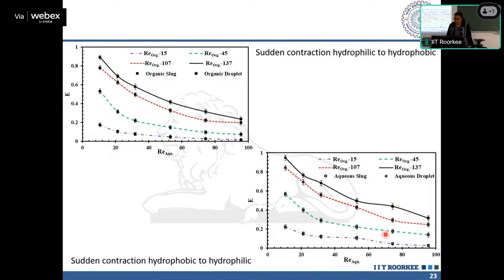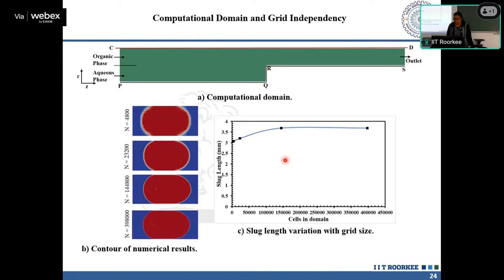So why is the efficiency higher from sudden hydrophobic to sudden hydrophilic? We get higher efficiency here also, but this is very high. What could be the reason? Again, we tried numerical simulation to get the answer. This geometry is similar to the other geometry that we have taken.